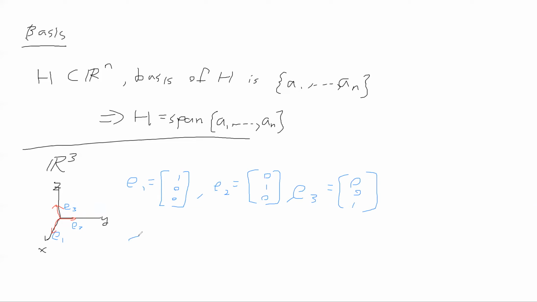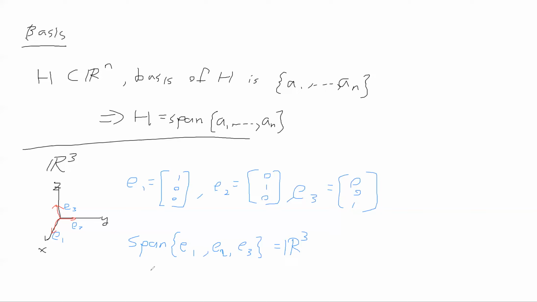So we can say that when we span E1, E2, and E3, we get R3, right? Because we can get to any point in R3 by doing E1, E2, or E3, however many times, right? The linear combination of E1, E2, and E3.